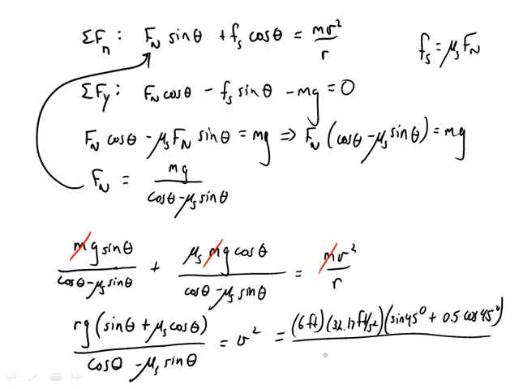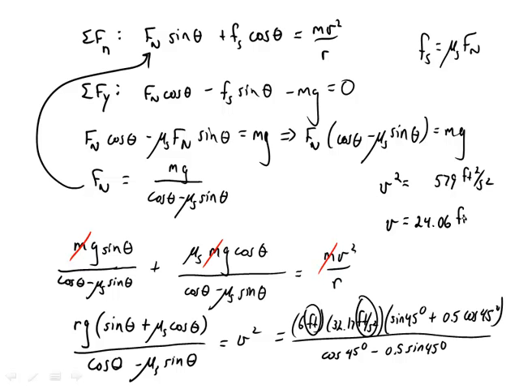And all of that is over cosine of 45 degrees minus 1/2 sine of 45 degrees. V squared will be 579. And I have feet per second squared, so that's feet squared per second squared, which means my V is 24.06 feet per second.